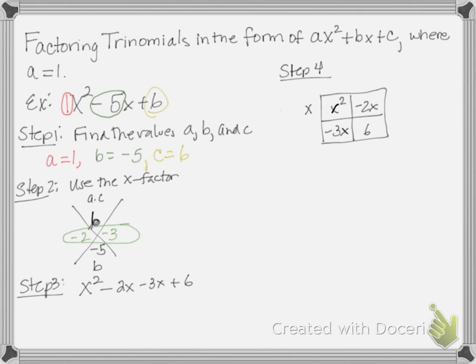And then I'm just going to multiply a value by x to get x squared. So I know that x times x is going to give me whatever's in the box, which is the x squared. Then I'm going to multiply x times this value, which would be negative 2, to get that value of negative 2x. So x times negative 2 is negative 2x.